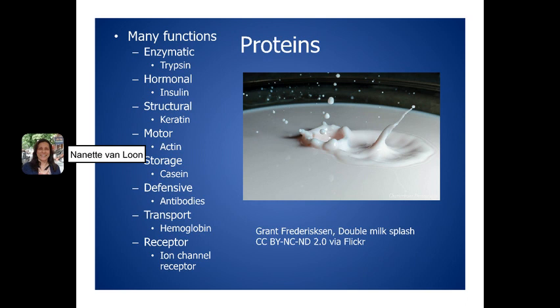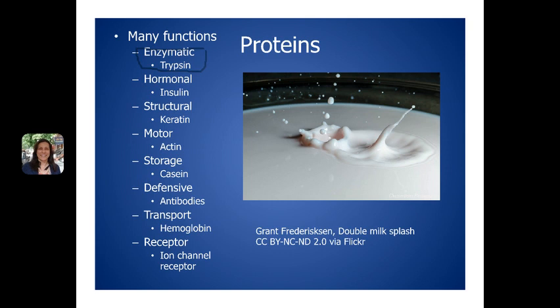Proteins perform a great variety of functions in the cell and in an organism. Here we have a list of these functions in general. So they can be enzymes, and enzymes perform chemical reactions. Trypsin is an example of that. They can be messengers in a cell or in a body.